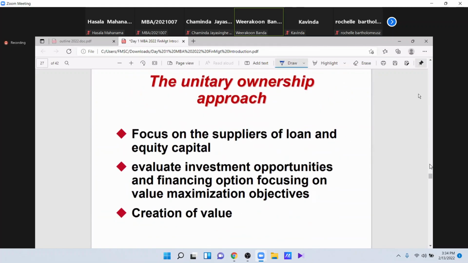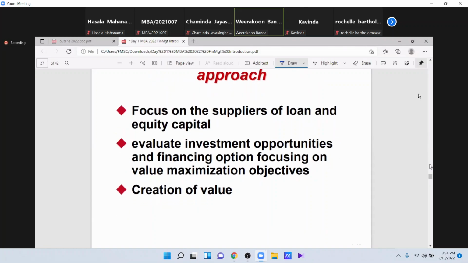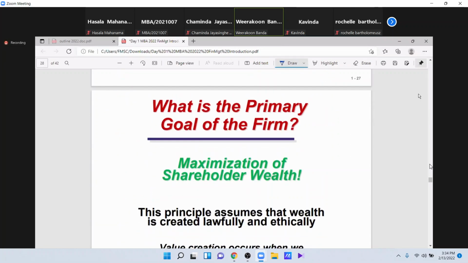So that is one idea about the company level approaches. Another point is, what is the primary goal of the firm? Sometimes you can say company level objectives can be of different kinds. You can say maximize profit. Sometimes you can say minimize cost.